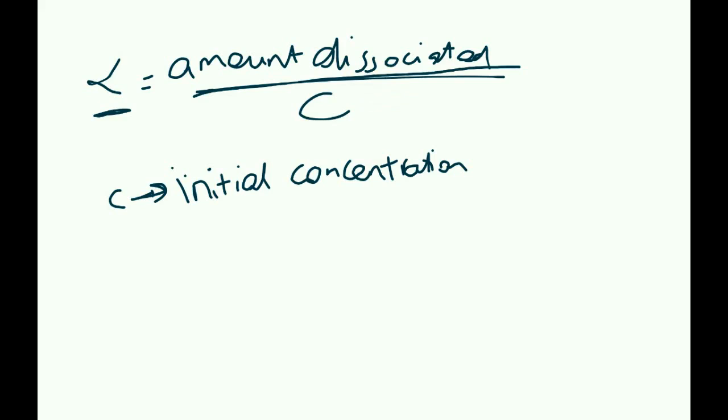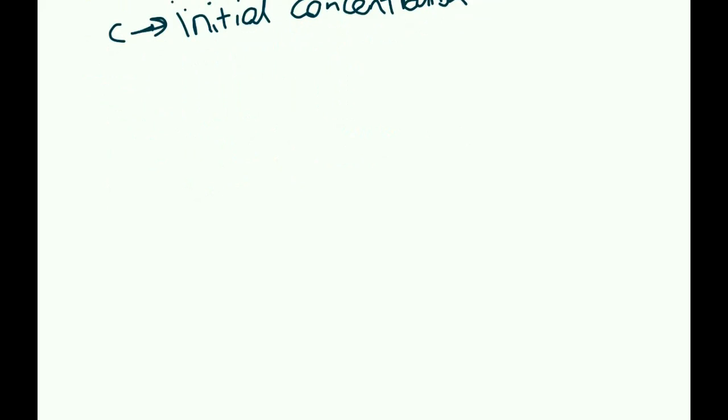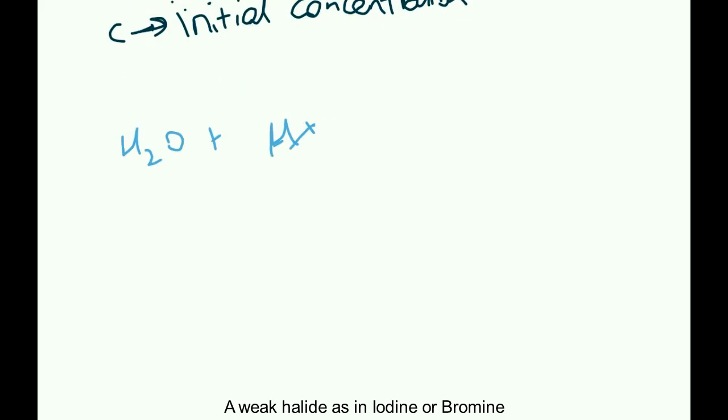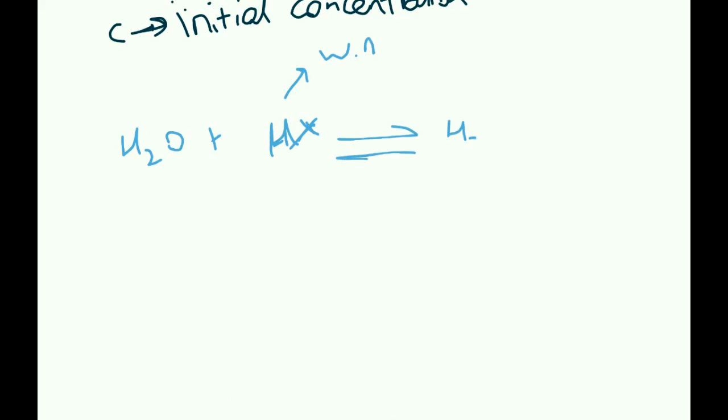Let's take a sample reaction: H2O plus HX, where X is a halide. I'm going to take HX to be a weak acid, and it's going to dissociate to give me hydronium ions and X negative.